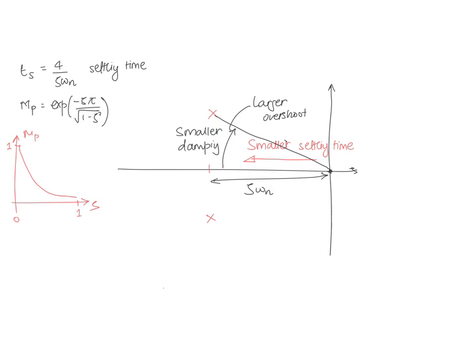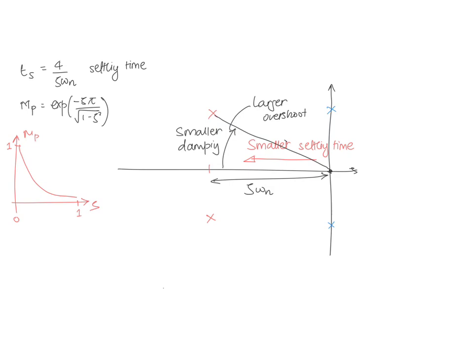Okay, so in the extreme case where you have zero damping, smaller damping goes up this way. In the extreme case, suppose your eigenvalues were here, these distances being equal.